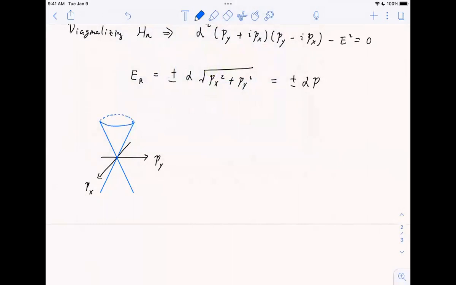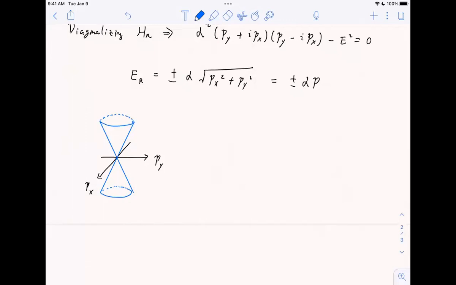So you get a cone like the Dirac cone. But this cone is produced by spin-orbit coupling, not like in graphene. In graphene, you get a cone, but the underlying reason is not spin-orbit coupling. For Rashba, it will give you a Dirac cone. I mean, I should not call it a Dirac cone because it's not from the Dirac equation directly.